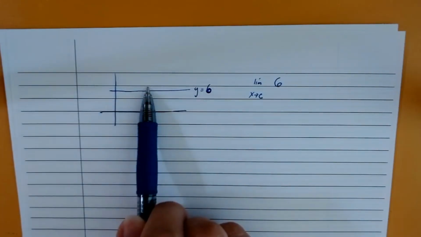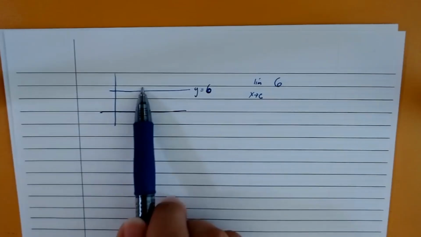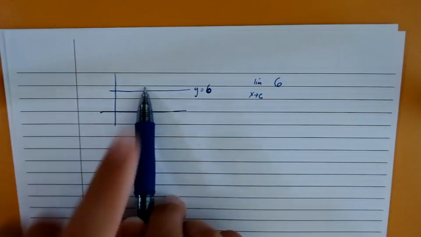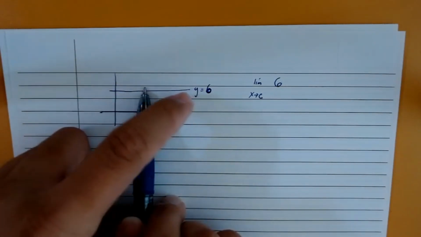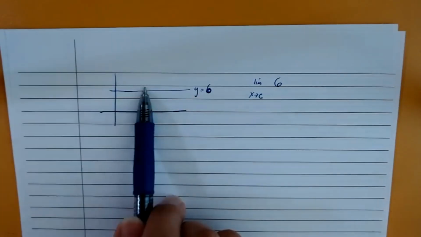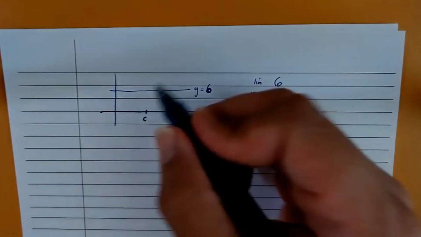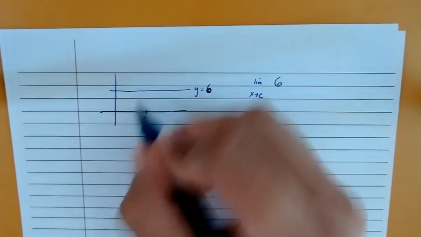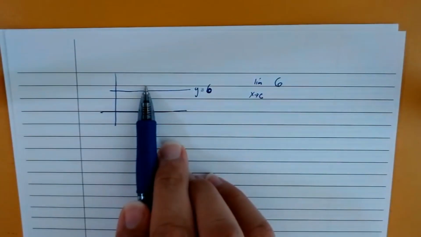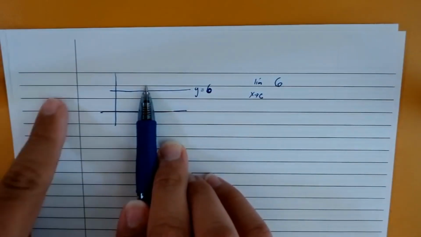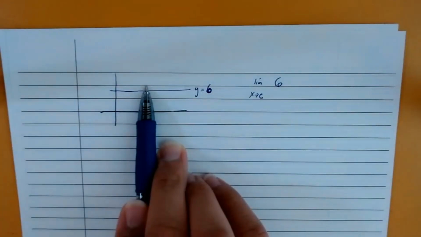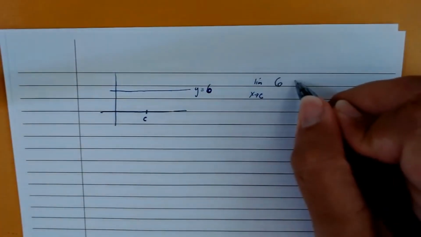So it doesn't matter what point I'm trying to plug in, because this is a constant function, I would expect that any point would have a y value of 6. So even if this had a hole in there, I would still be able to take the limit by saying, as I'm approaching from the left or from the right, my y values are always 6. So here the limit of this is equal to 6.